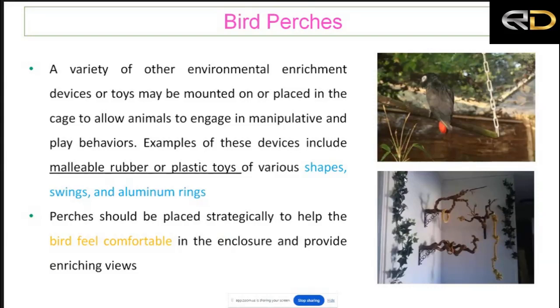If we do not have any other options, we can prepare bird perches completely artificially. We have varieties of malleable rubber and plastic toys, various swings, and aluminum rings.